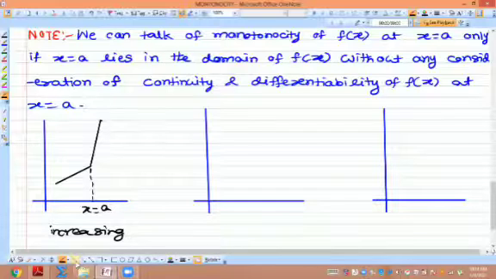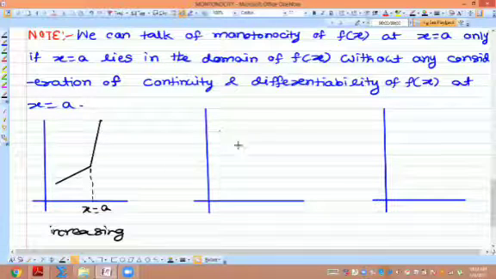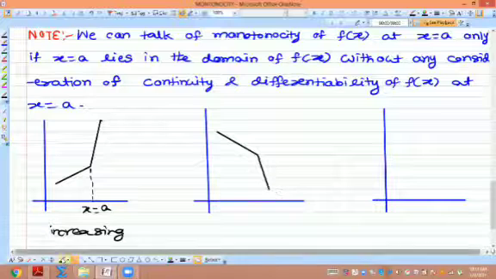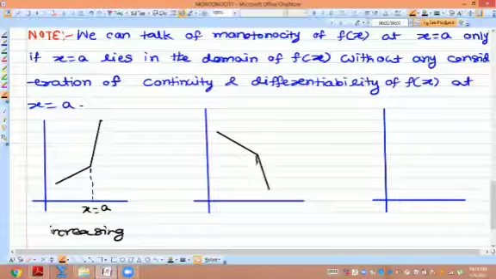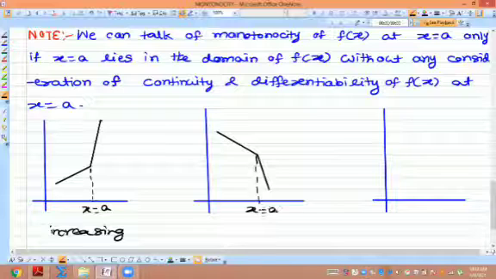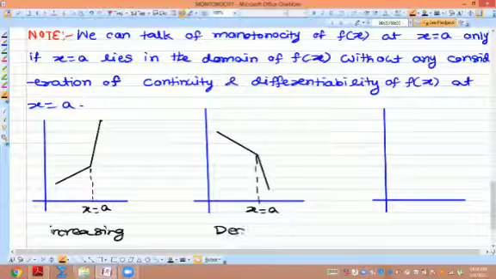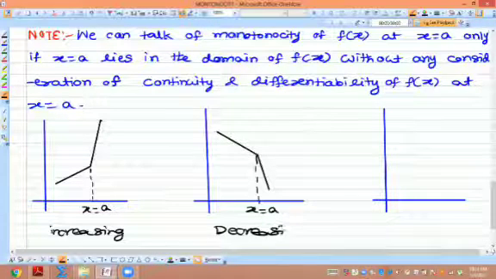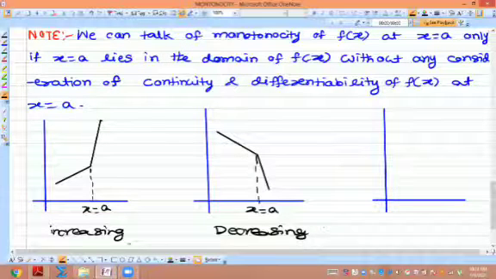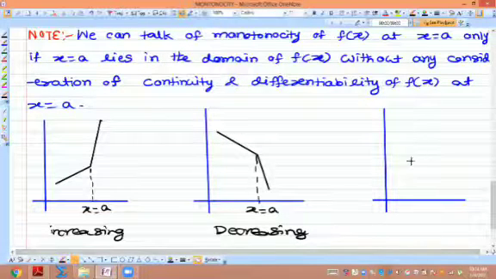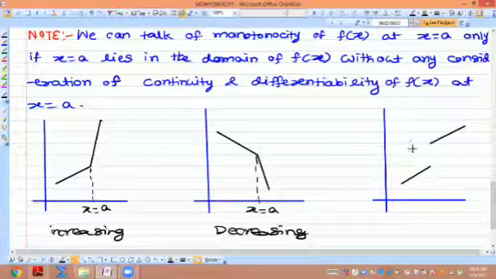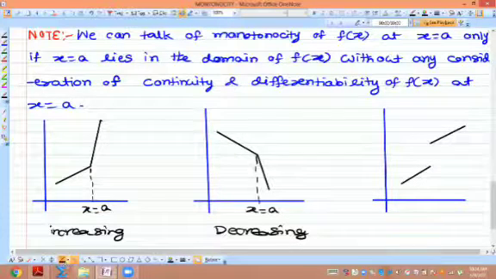Now in the same way, what about this one? Is it differentiable again? Not differentiable, but even though it is a monotonically decreasing function.